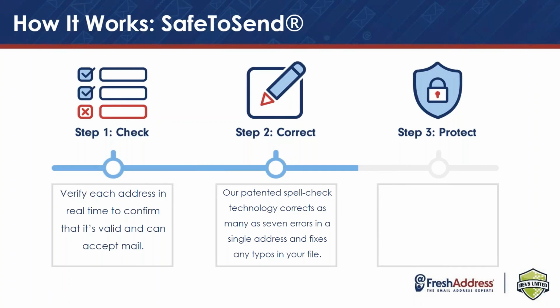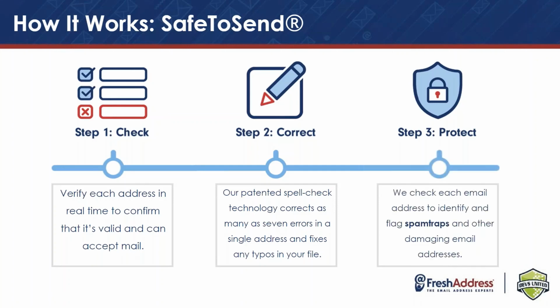So if we can correct some of those, provide a suggestion, and now you can connect and send a welcome email or a discount or product information that your customers rely on you for and expect from you, that's a big deal. The third step of the process is protect. This gets into identifying and flagging the toxic stuff that I talked about before, the spam traps and the other stuff that can really cause some serious issues for you. So that's our 3-step process.